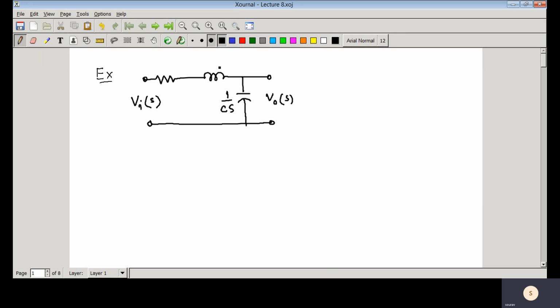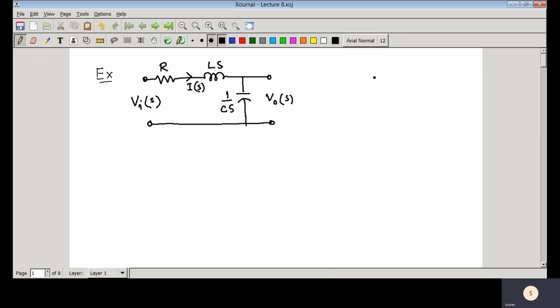This is the capacitive reactance and this is the inductive reactance. This is the Laplace operator and this is R. The current flowing through this circuit is I(s). So we are just solving this problem in the Laplace domain.